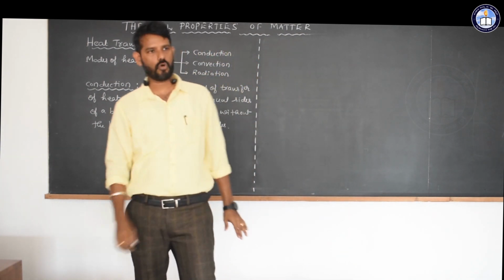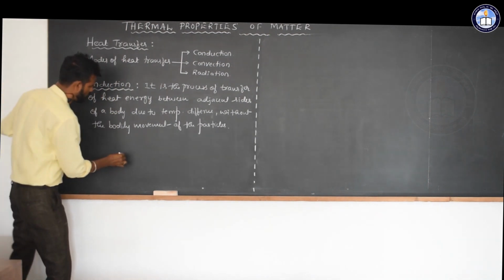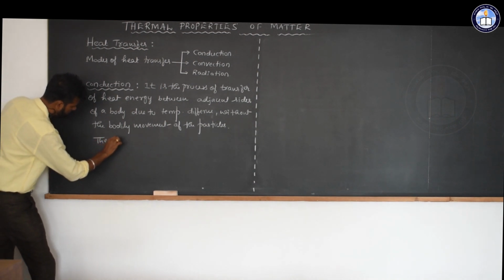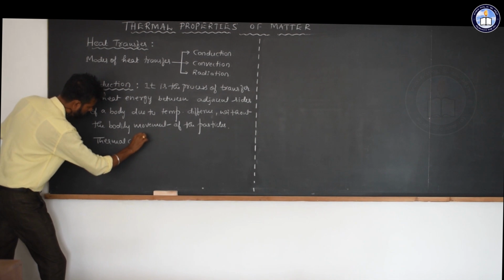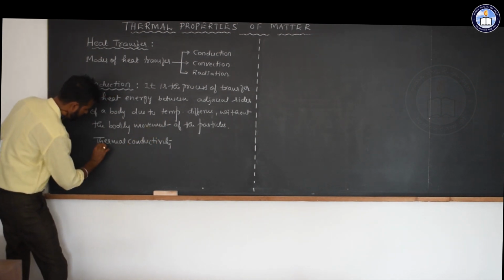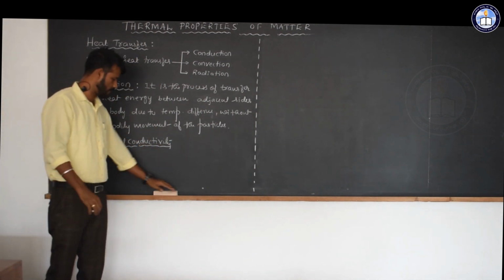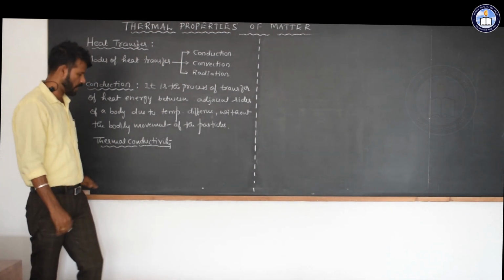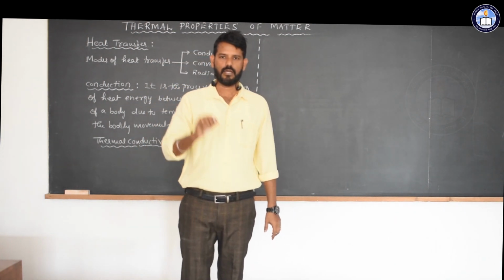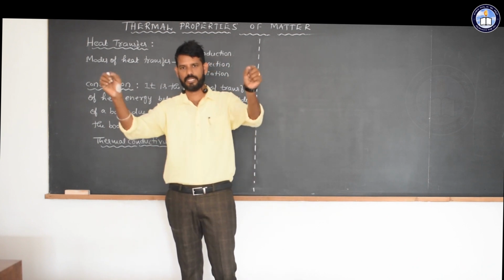Further, we can discuss more detail about conduction by using a term called conductivity or thermal conductivity. In order to explain the concept of thermal conductivity, we have to consider a rod of length L and area of cross section A that is heated.